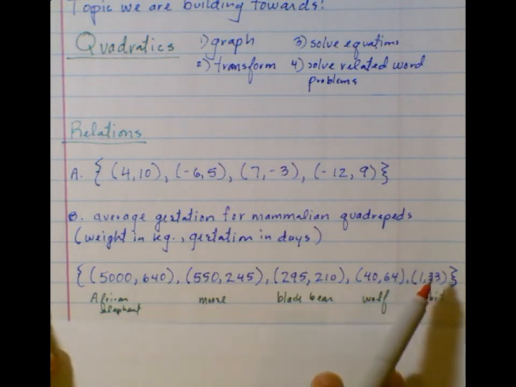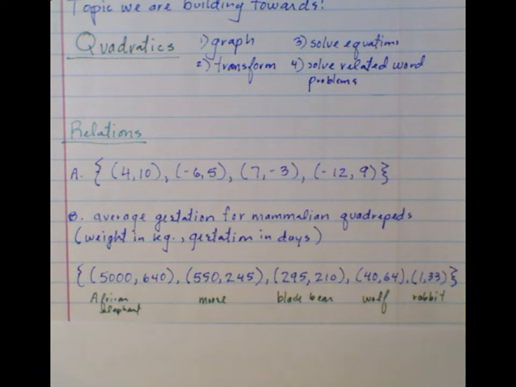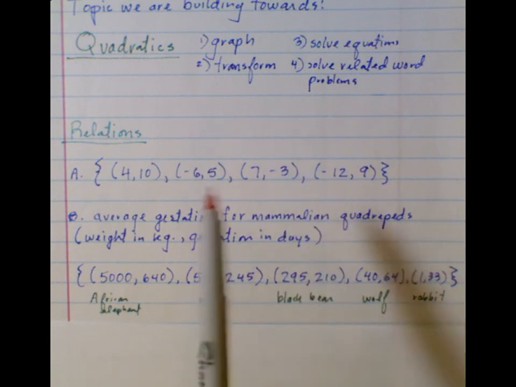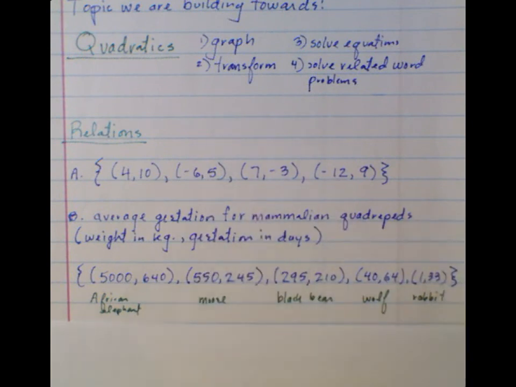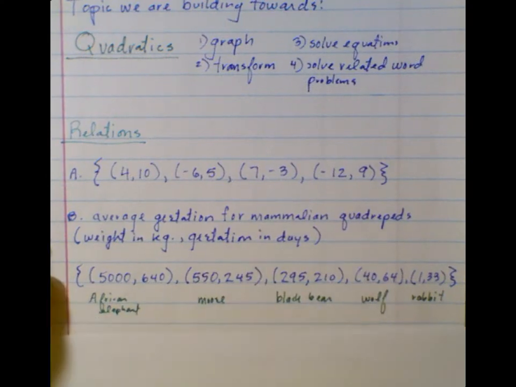And contrast that, for instance, with something as small as a rabbit that weighs about a kilogram and has a gestational period of only about a month, 33 days. So relations can tell stories, and they can really inform us, and sometimes they're just kind of bare. It's just a collection of ordered pairs, but both of these are considered relations.